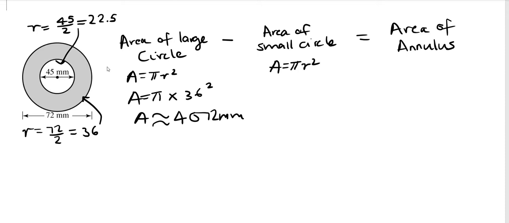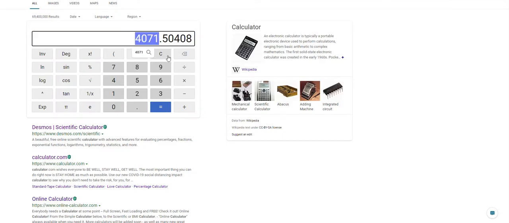Now I've got to find the area of the small circle. So once again, pi r squared, area is equal to pi times r, which is 22.5 squared. So go to my calculator. So pi times 22.5 squared, so power 2, leaves me with this.